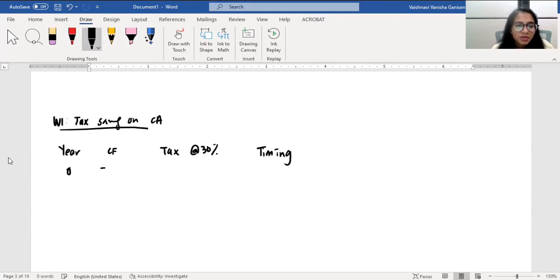Okay, so year 0, my cash flow is 750. Year 1, I get a 25% reducing balance basis.